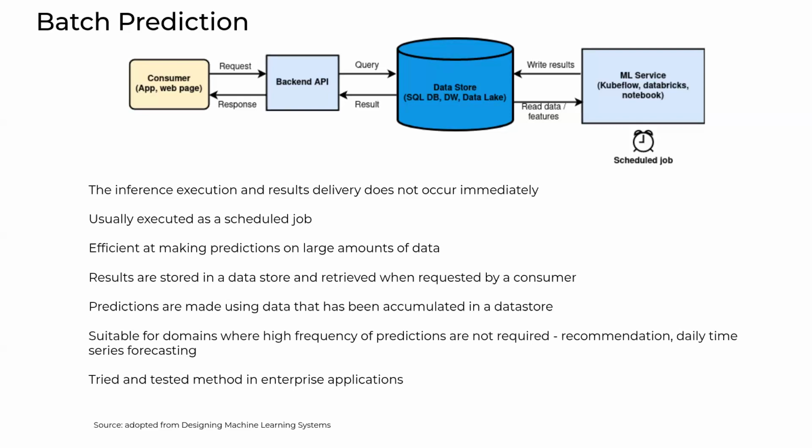Here the idea is you don't have to provide the predictions in real time. You can do that ahead of time. You can pre-calculate these predictions, and when the consumer needs them, they will send a query and get the predictions out of a store.